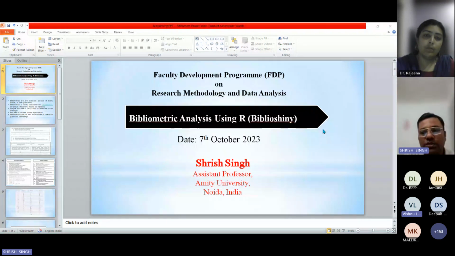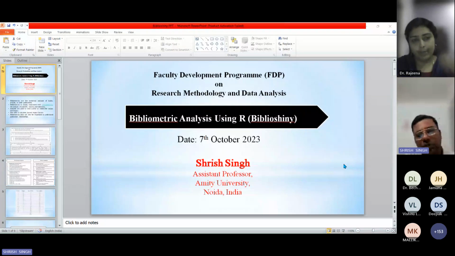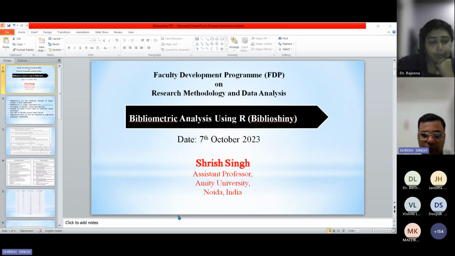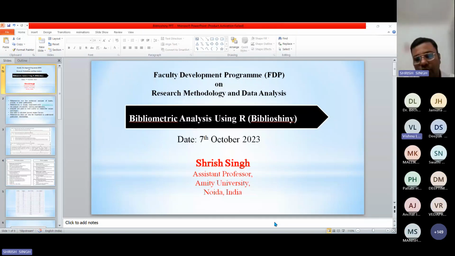There are various tools available through which we can do this. As a visualization tool we can use VOSviewer for understanding bibliometric analysis. It is the visualization software through which we get the output in terms of figures and pictures, and through those pictures we can understand all these metrics and indicators.